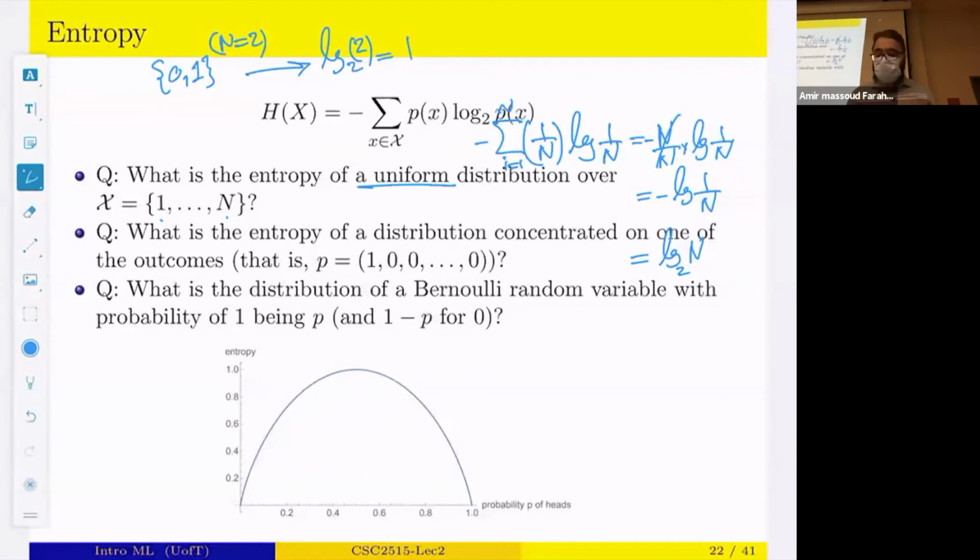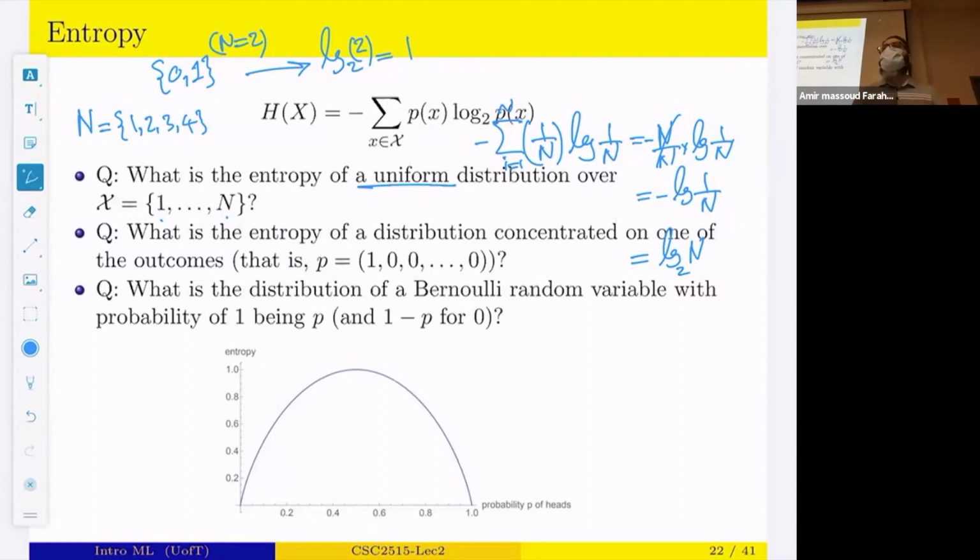But now suppose your random variable takes 3 and 4 as well. Here, basically, this random variable has more uncertainty. One draw of it gives you more information than one coin that has only 2 possibilities.